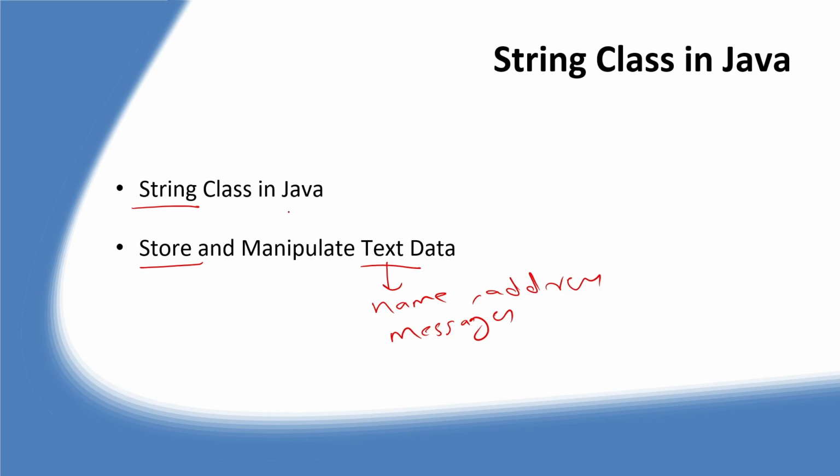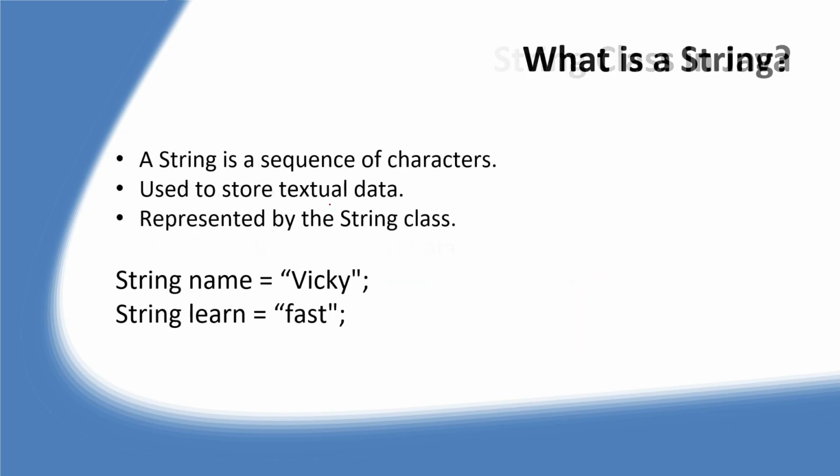This is a built-in class provided by Java. A string is a sequence of characters, or you can say a collection of characters, and we have seen it is used to store textual data.